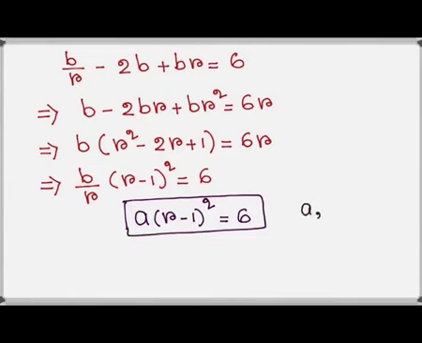We also know that A and R, both of them are positive integers. Note that the only possible positive integer solution of this equation is R is equal to 2 and A is equal to 6.